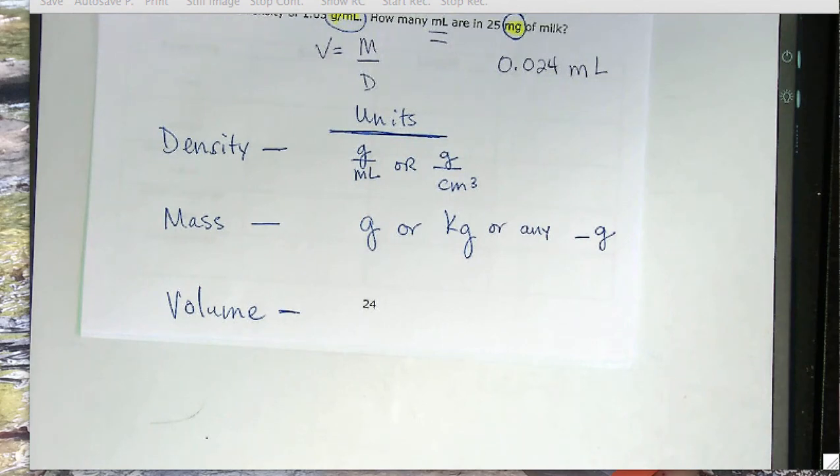For instance, question number 3 says milk has a density of 1.03 grams per milliliter. That means you're given the density. So it helps by just reviewing what units, to make it easier to figure out what you're given and what you're trying to find.